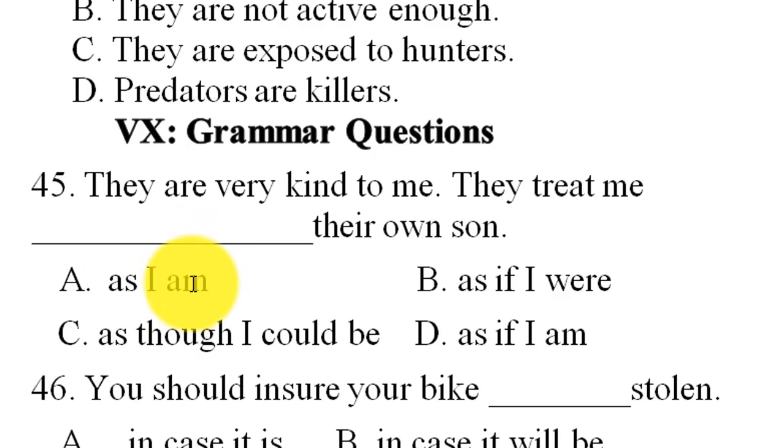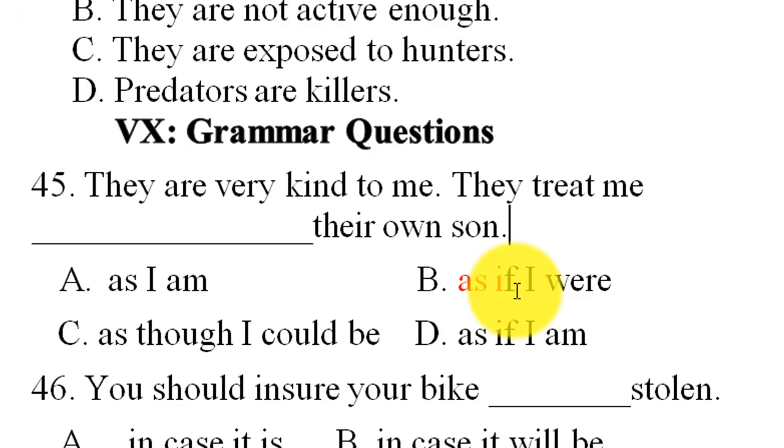They are very kind to me, they treat me as I am? No, because this is present. As though I could be? This is a modal verb, no. As if I were, absolutely. As if means in a similar way. The definition of as if means in a similar way. As if means like. As if and as though also mean in a similar way, and they have the same meaning as like, but the structure of the sentence is different.